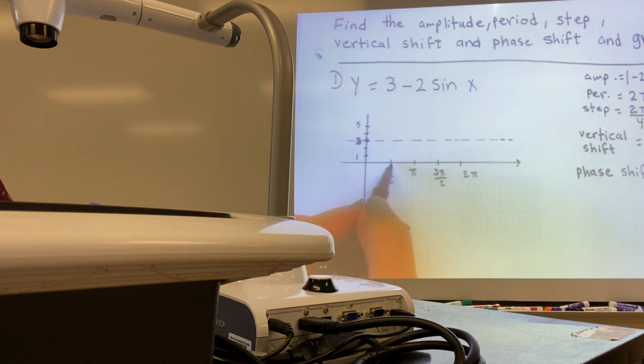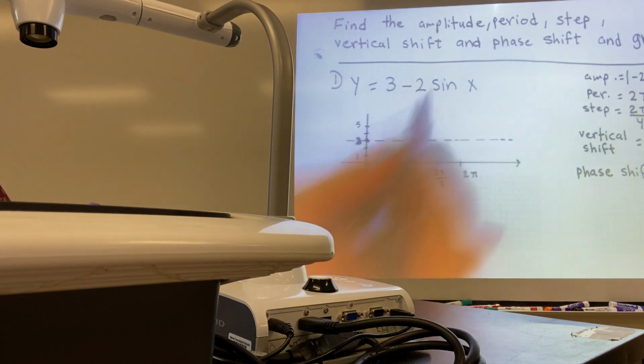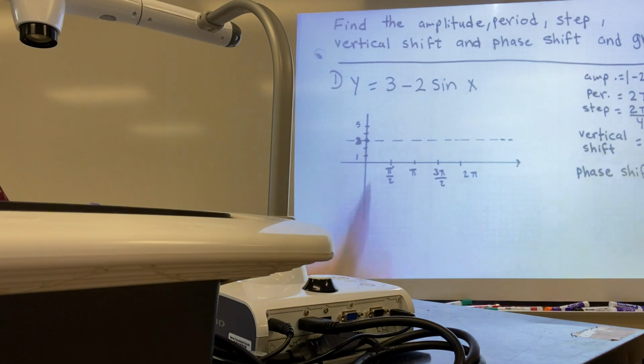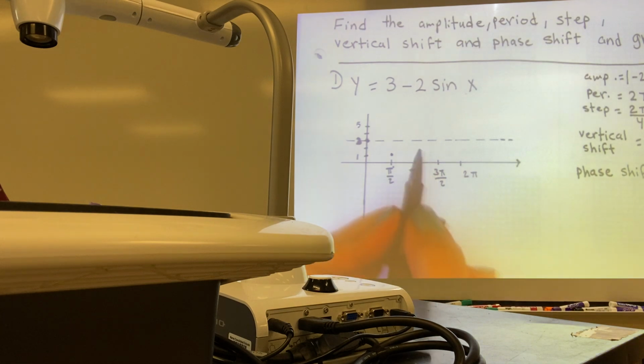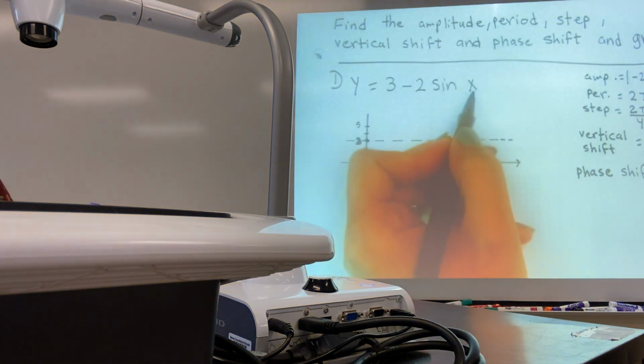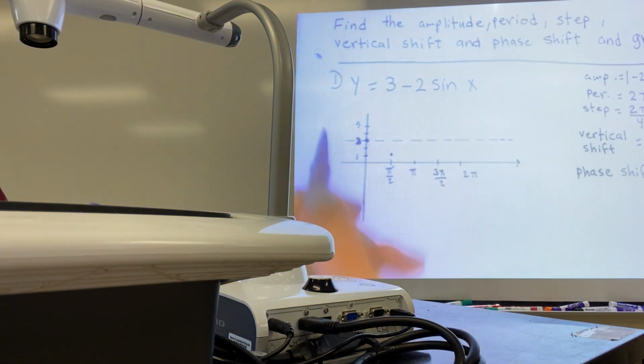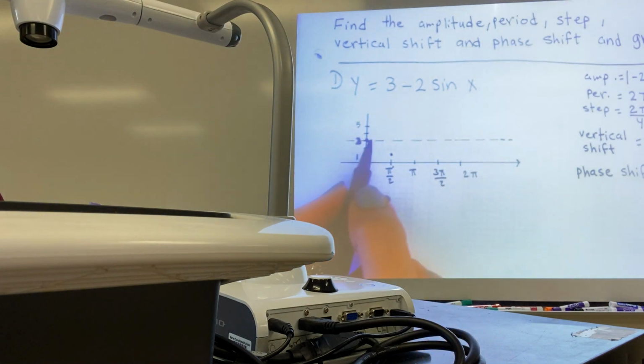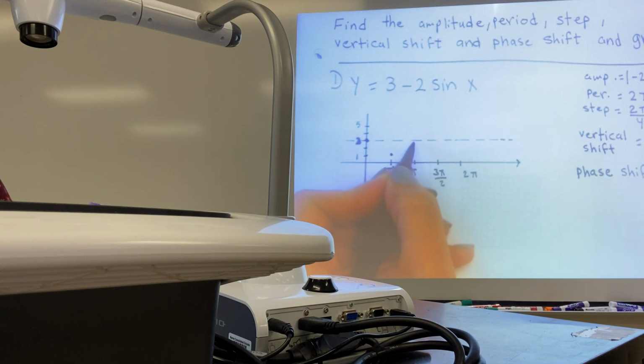When x is pi over 2, plug it in here, do all the steps, and that will give you a 1. When x is pi, plug it in here, times 2, subtract from 3, that will be 3.